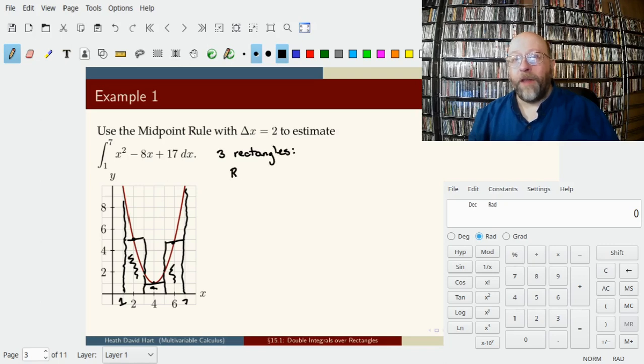For the first rectangle, the width is 2, which is the same as your delta x. The height is f of 2, which is the midpoint between 1 and 3.